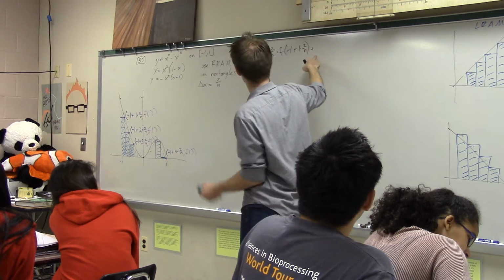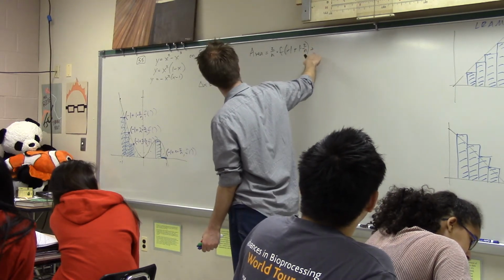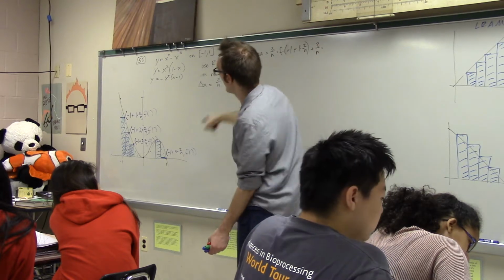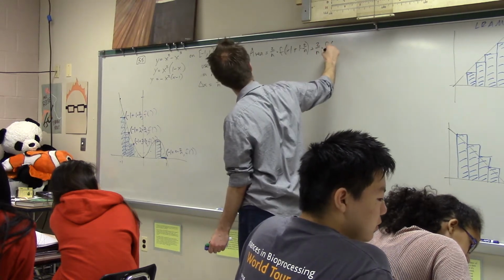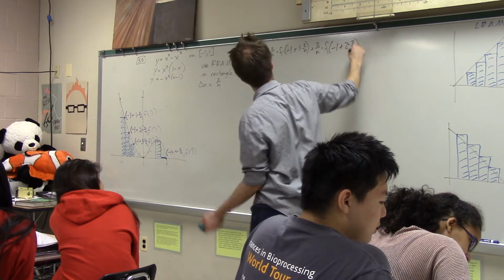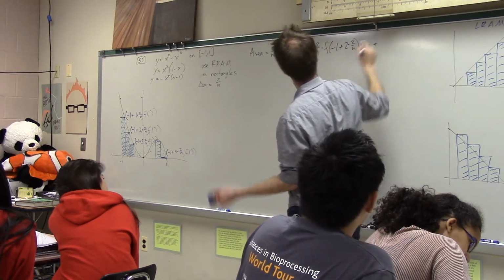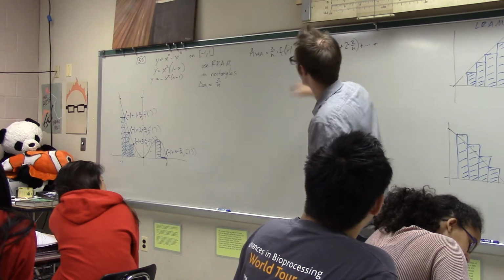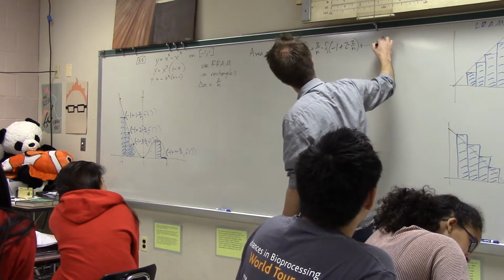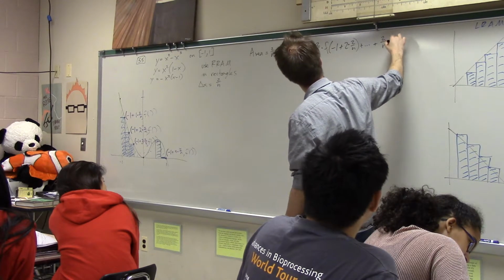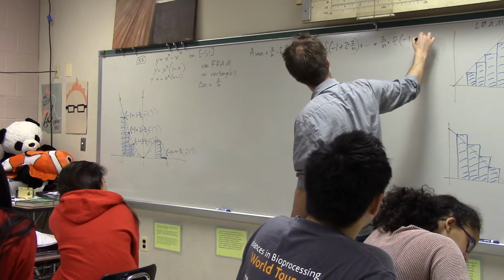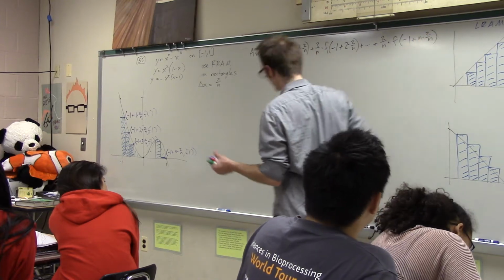The area of the second rectangle is going to be the width of the second rectangle times the height of the second rectangle, which is f of -1 plus 2 times 2 over n. And now I'll just throw in some dots, and we'll say the nth rectangle is going to have area, the width of the nth rectangle times the height, which is f of -1 plus n times 2 over n.